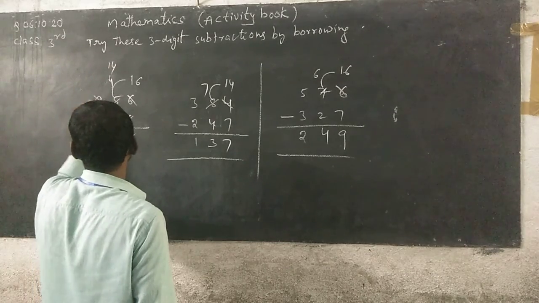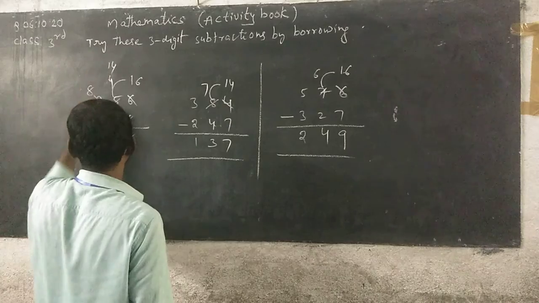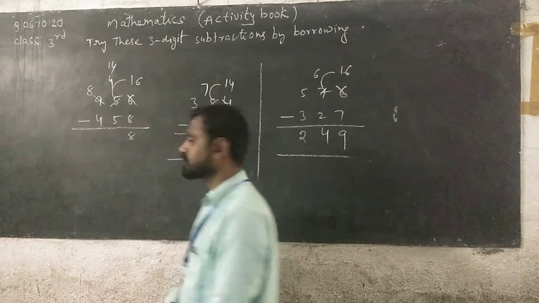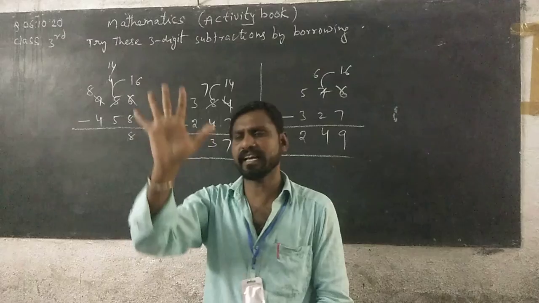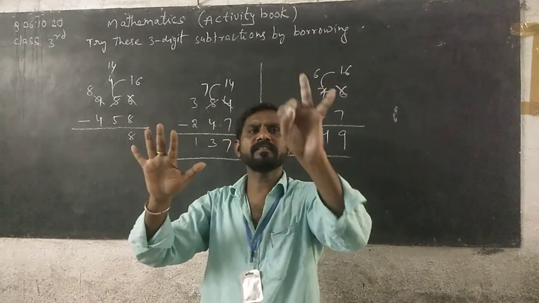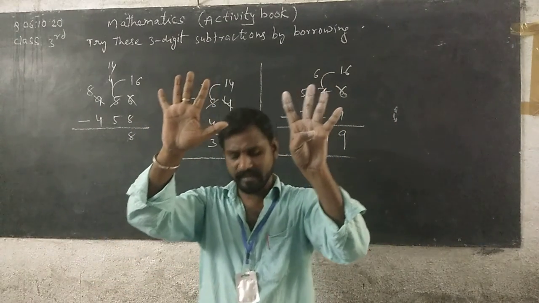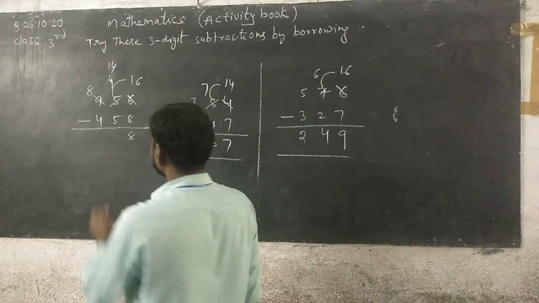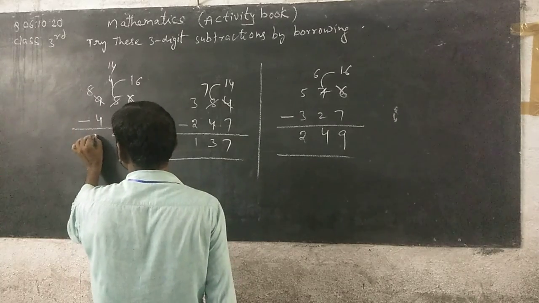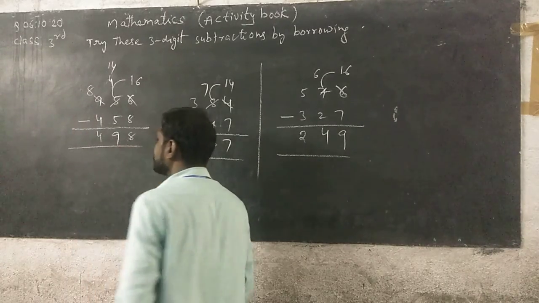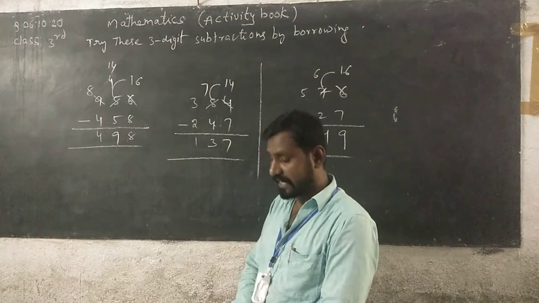Now 9 can lose one, here 8. 14 minus 5. We can count 5, after 6, 7, 8, 9, 10, 11, 12, 13, 14. What do we get? 9. Next, 8 minus 4. What do we get? 4. The difference is equal to 498.